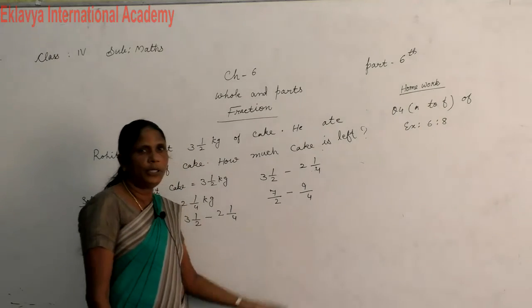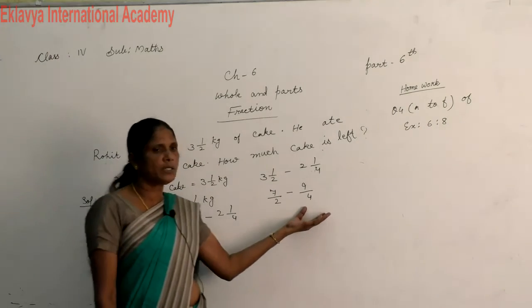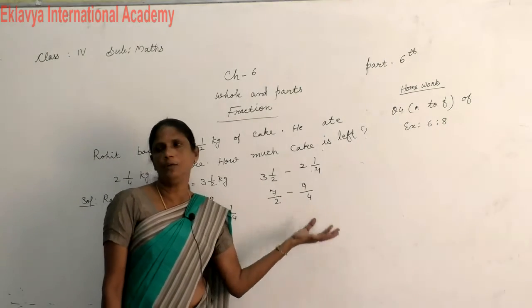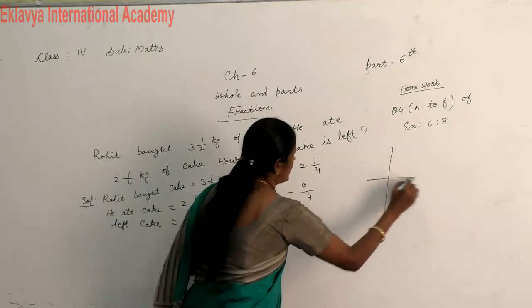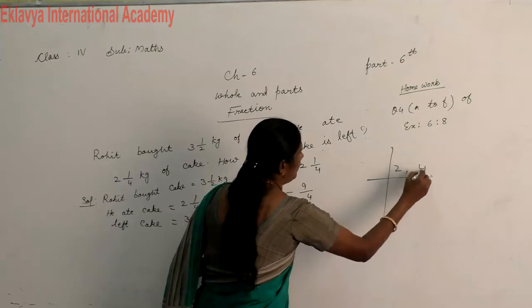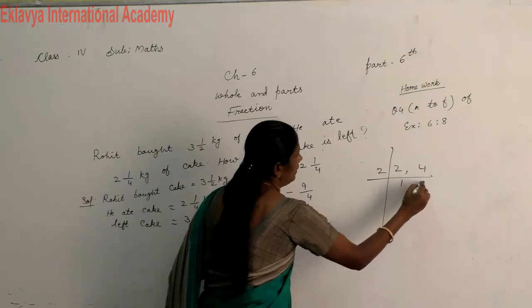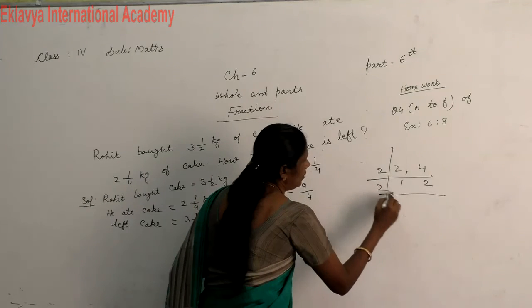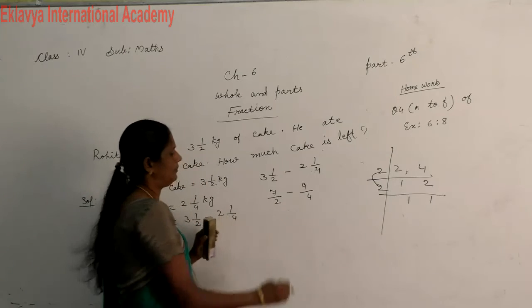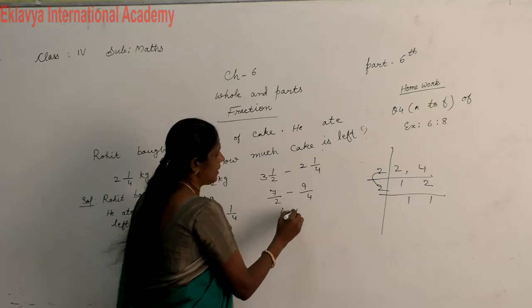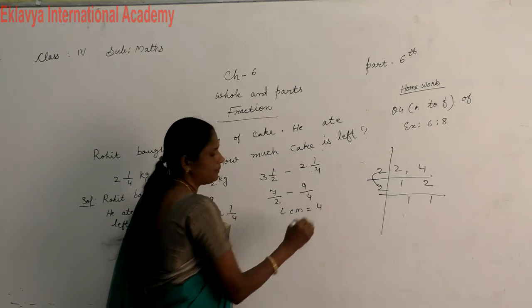Now you look here, are the denominators same? No. First you find the LCM. LCM of 2 and 4. To come here 1, 2, again 2, 1, 1. LCM is equal to 4.